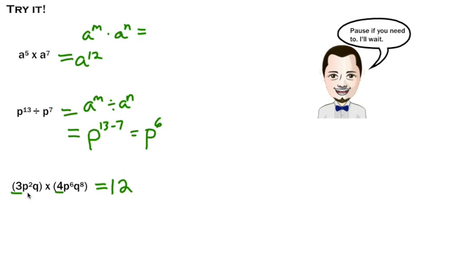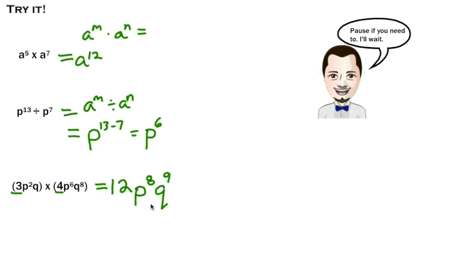We have p to the 2nd times p to the 6th. So that is p to the 2 plus 6, which is 8. Remember, we're not raising a power to a power. And then we have q times q to the 8th. So that is 1 plus 8, which is 9. So our answer is 12 p to the 8th q to the 9th.